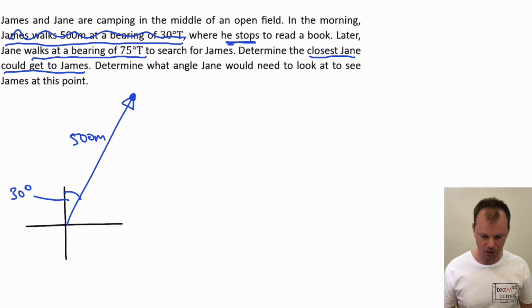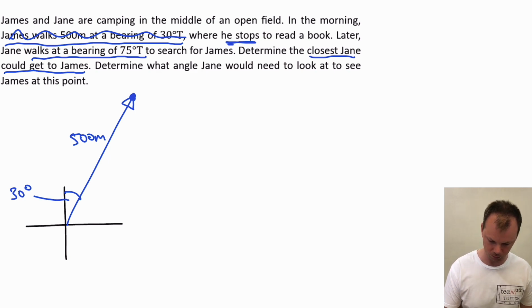Later, Jane walks at a bearing of 75 degrees true to search for James. And it doesn't say that she stops, she just keeps walking. So let's draw that. So something like this. Something like that maybe.